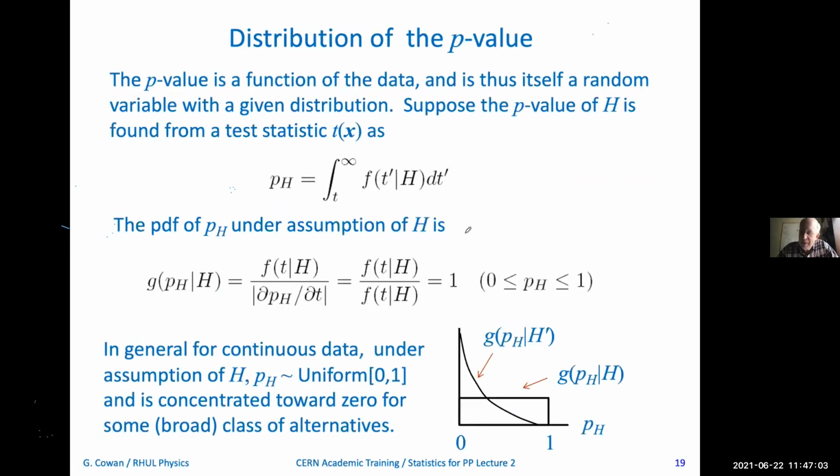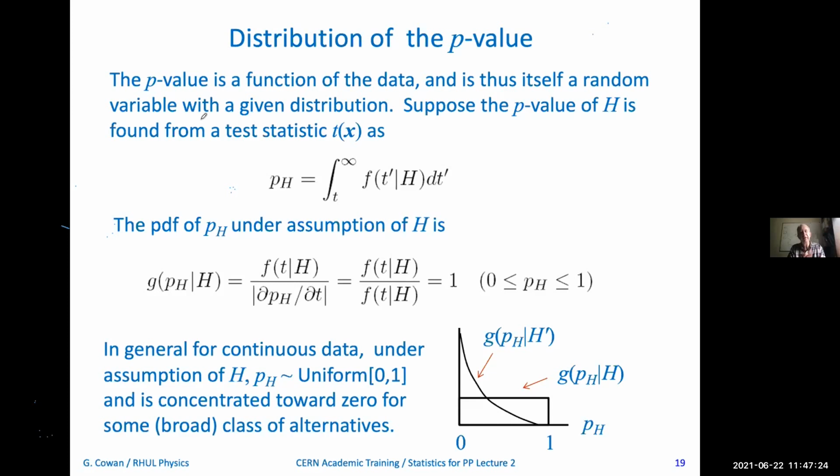Now, let me make a few more comments on the distribution of the p-value. The number that we get for the p-value depends on where the data point lands. So the p-value is a function of the data. It's a function of a random variable, and therefore it is itself a random variable, and so it would have some distribution.